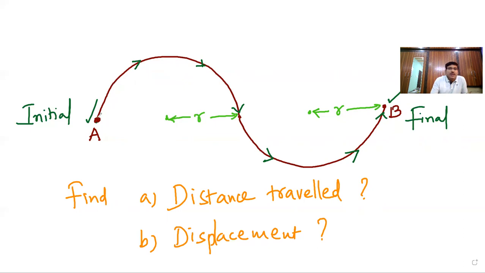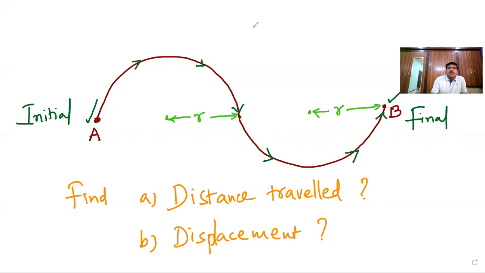The circumference of a circle is 2 pi r, so a semicircle is pi r. Again the other semicircle is pi r. Total distance is pi r plus pi r, which is 2 pi r.